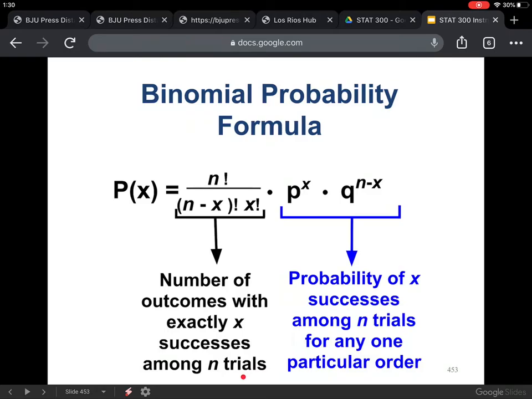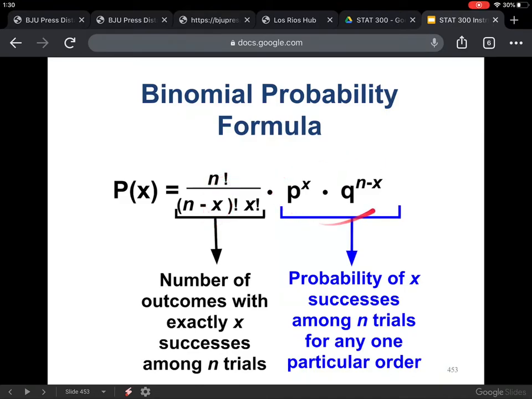So, what are the number of outcomes with x successes among n trials? Maybe stop and think about that. That's what this portion of the formula says.